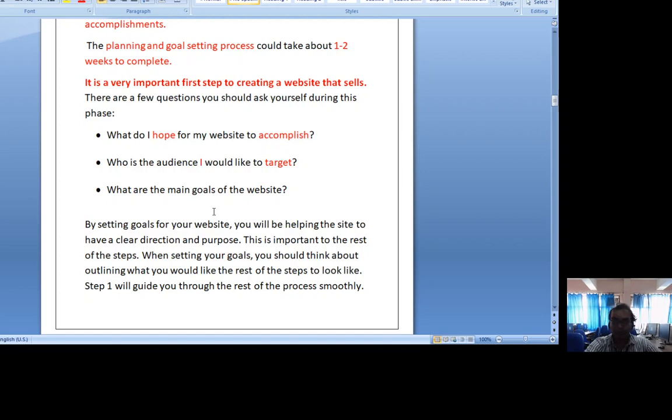So before any purpose is to be solved, we need to decide our goals, and those goals should be discussed with our team. So before defining any website, we should define our goals, and that goal should be accomplished after the website is launched.